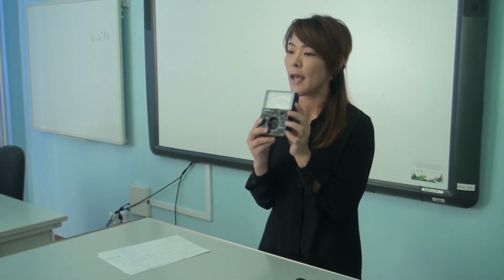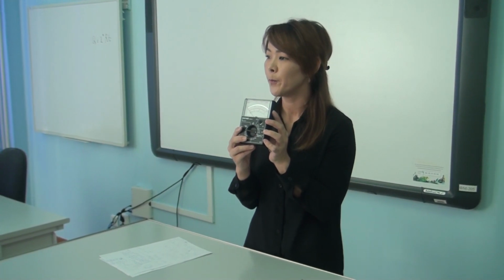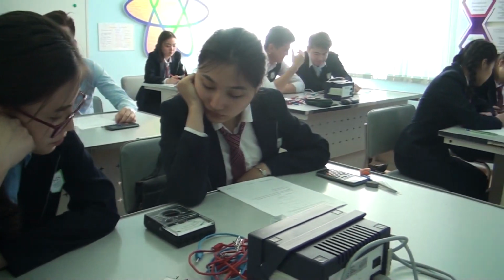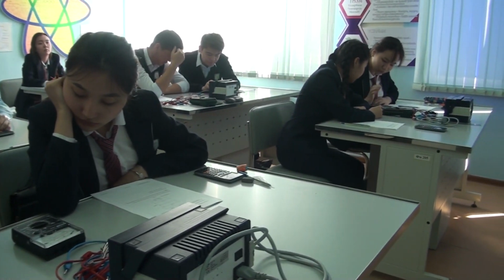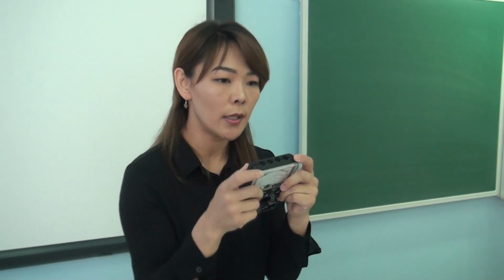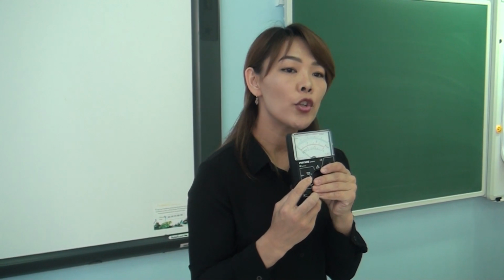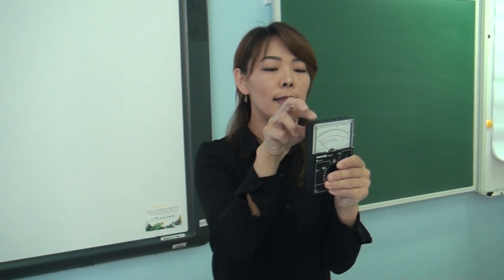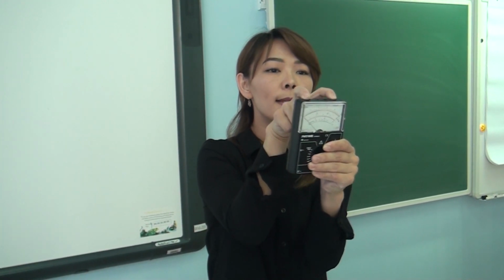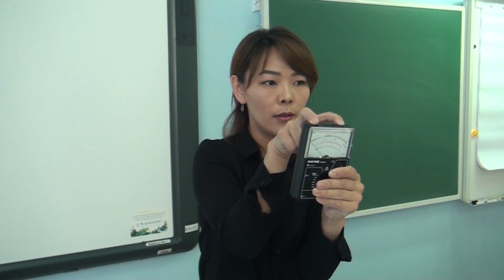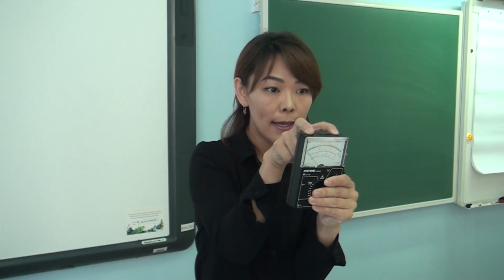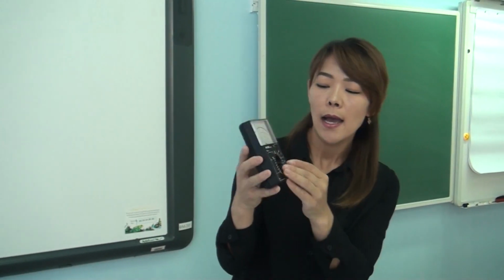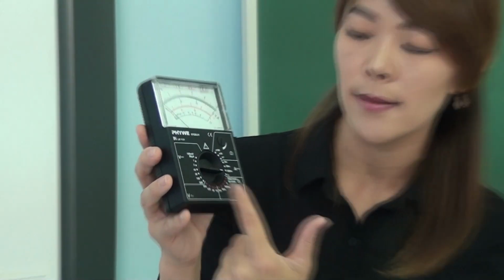Please take your analog multimeters. In the electrical circuit, how do we connect it for measuring current? It's an ammeter. Then how to use these scales.